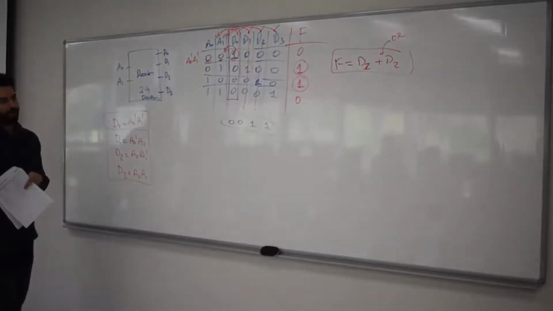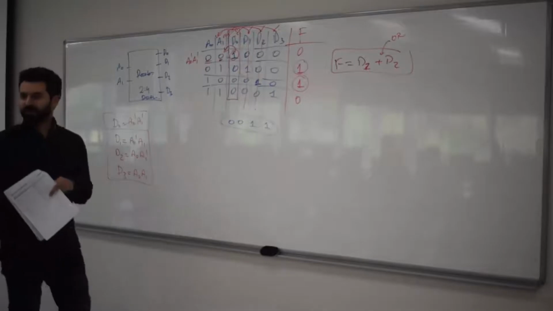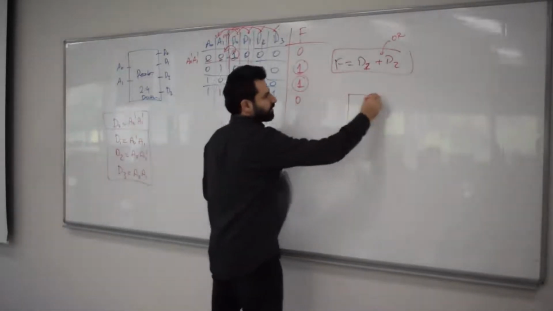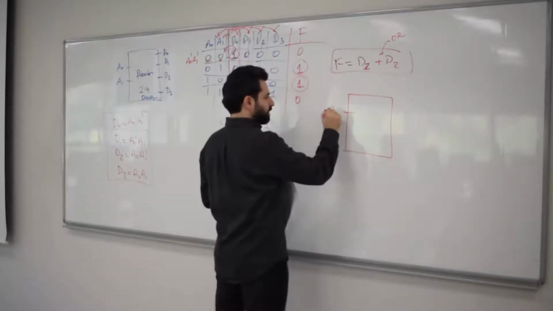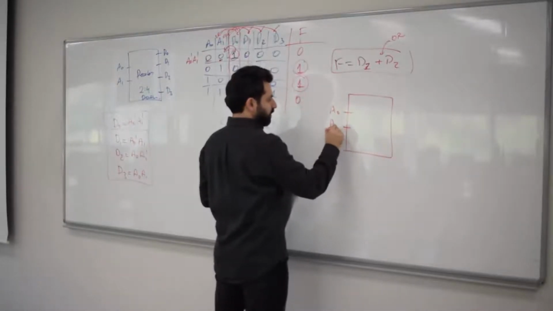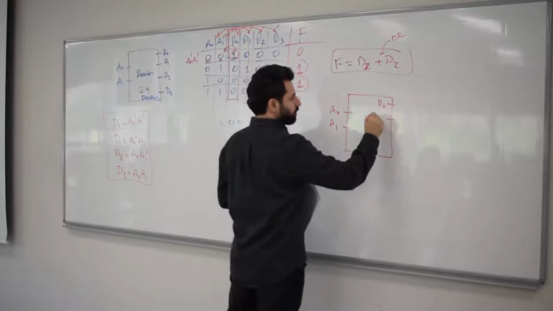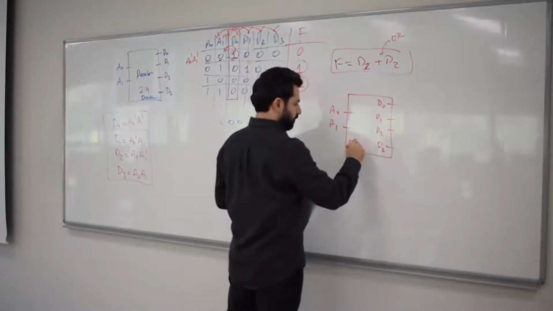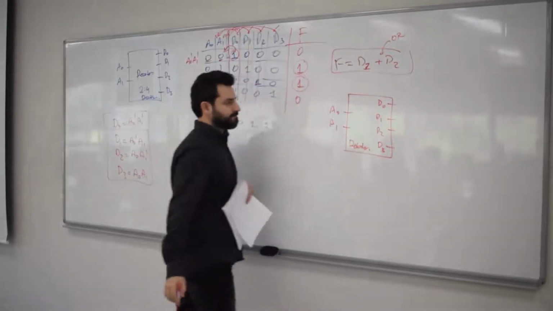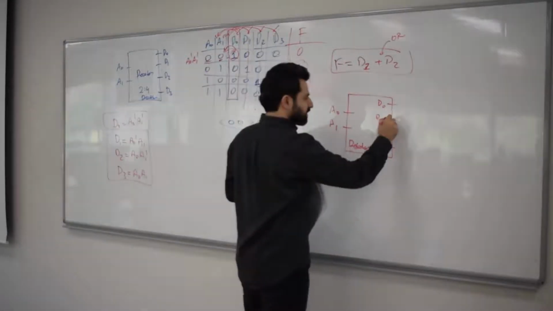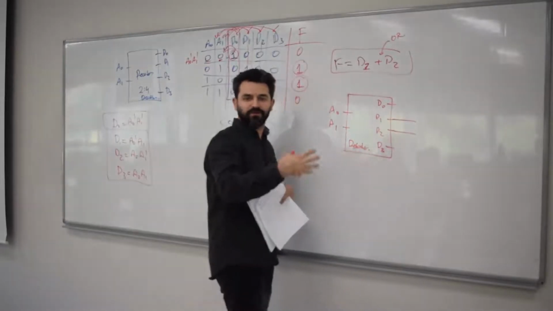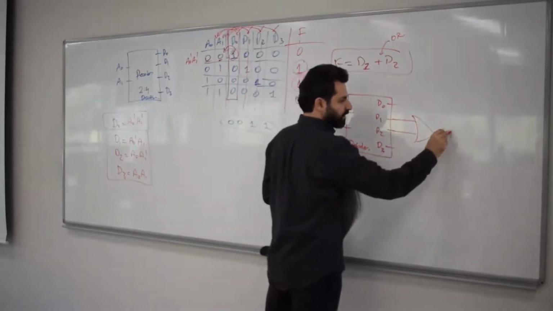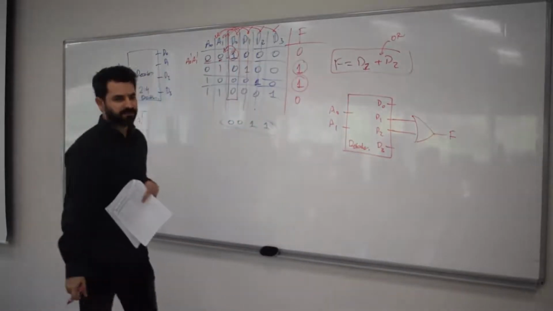If you would like to implement any function F, you put A0 and A1 into the decoder with outputs D0, D1, D2, D3, then collect the min terms from the output of the decoder and OR them together to find your function F.